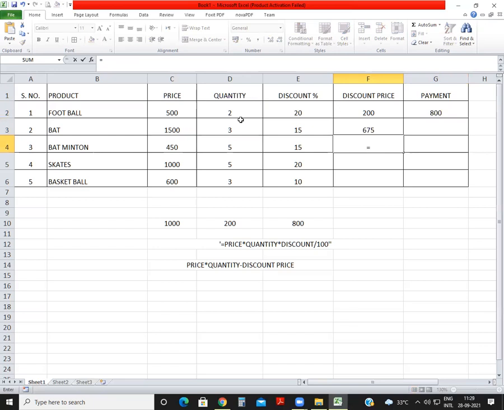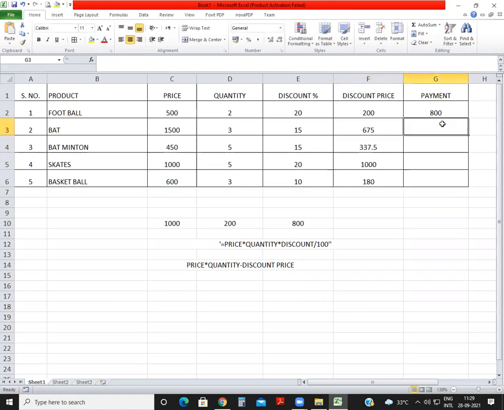Again see, equal price multiply quantity multiply this discount and divided by 100, like that. You have to find out.